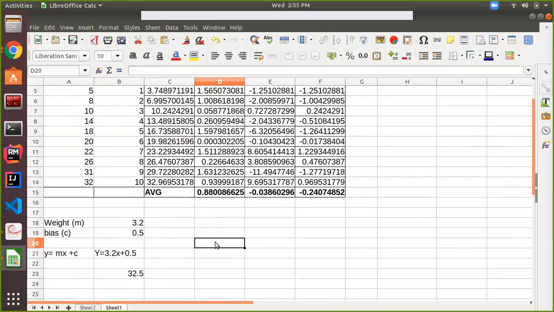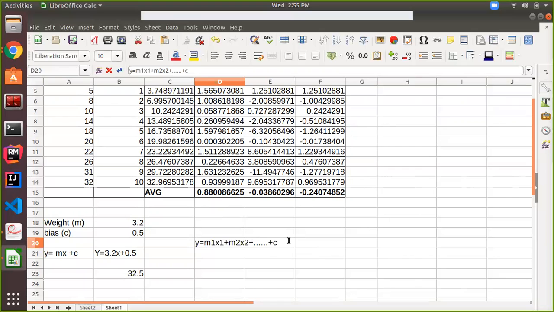If our equation has multiple independent variables, we can write the straight line equation as m1 x1, okay, plus m2 x2, like that we keep on doing until mn xn, plus at the end we will add the intercept.